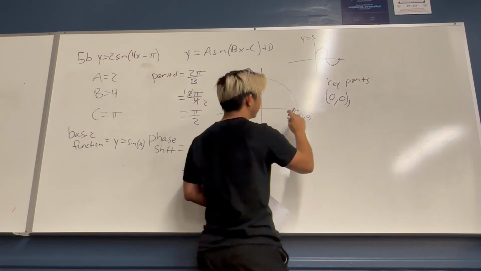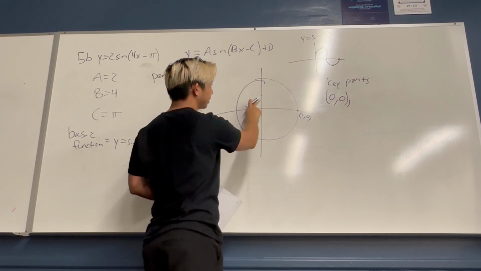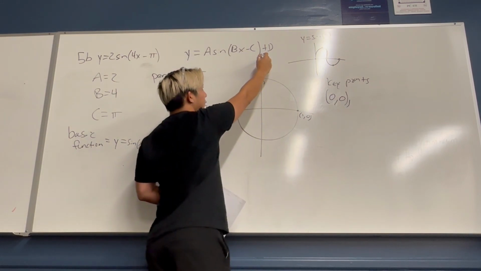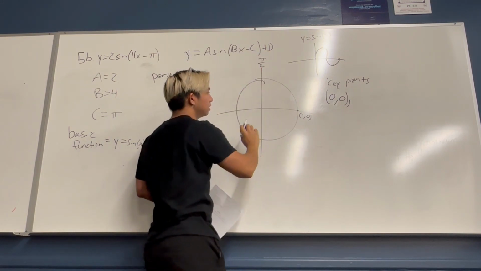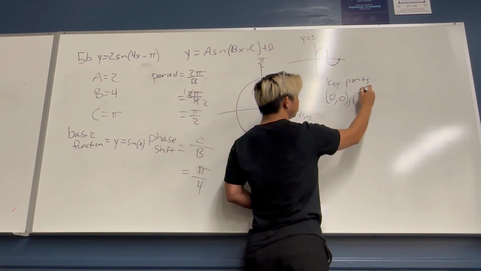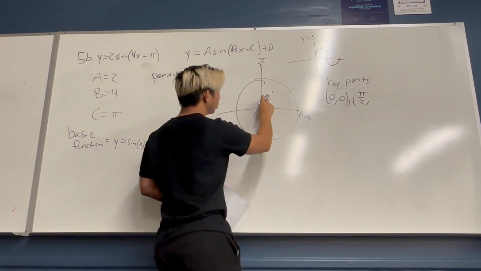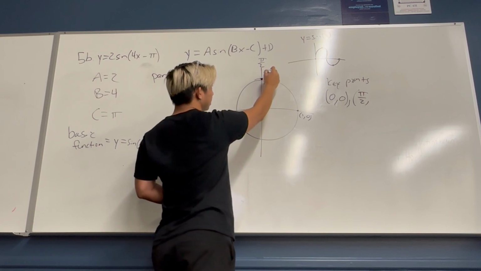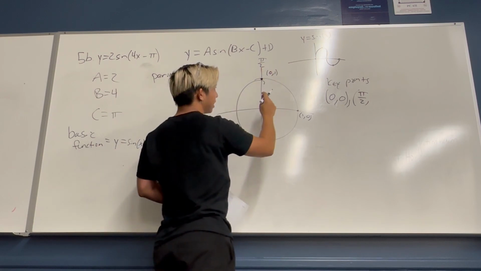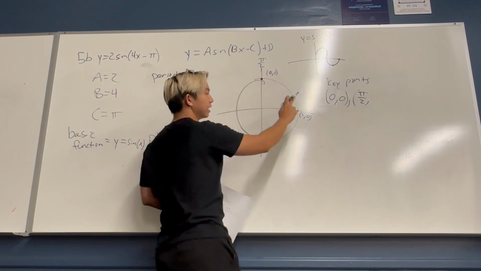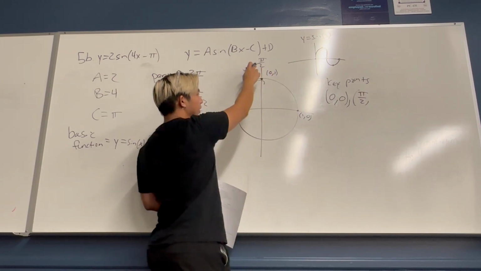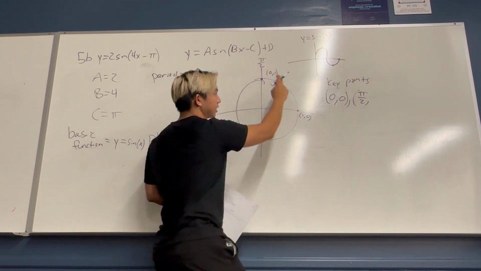And then if we travel up to the 90-degree point, this is pi over 2. What coordinate lies here? We have 0, comma 1, and our y here is 1, right? So pi over 2 is the angle, and then our y value here is 1.